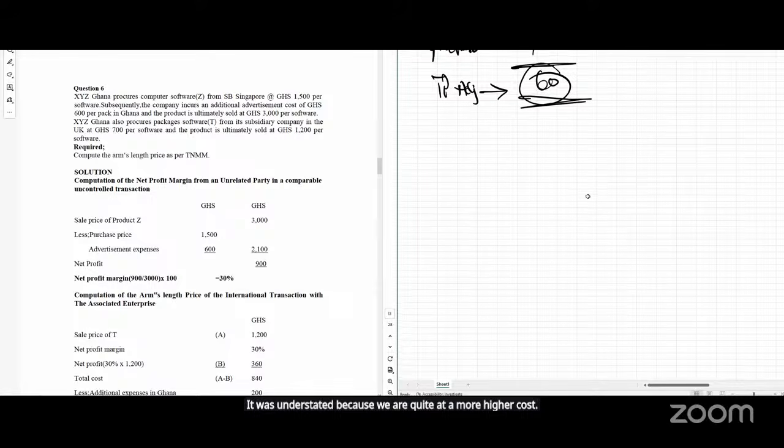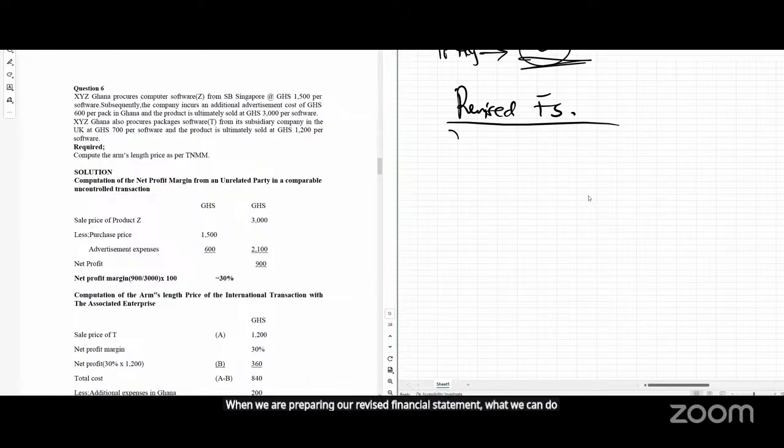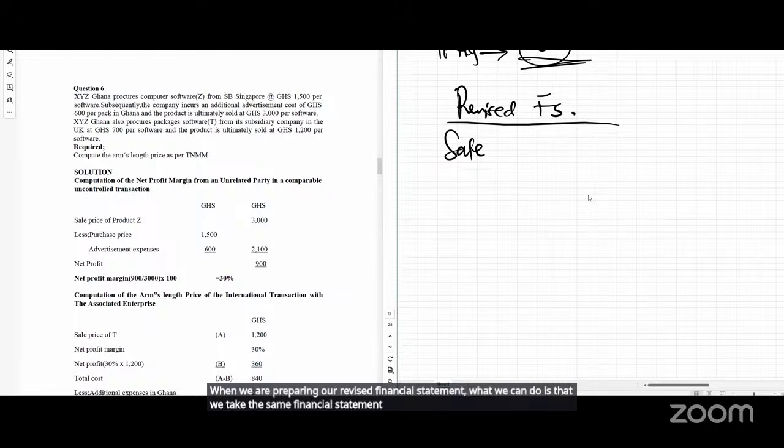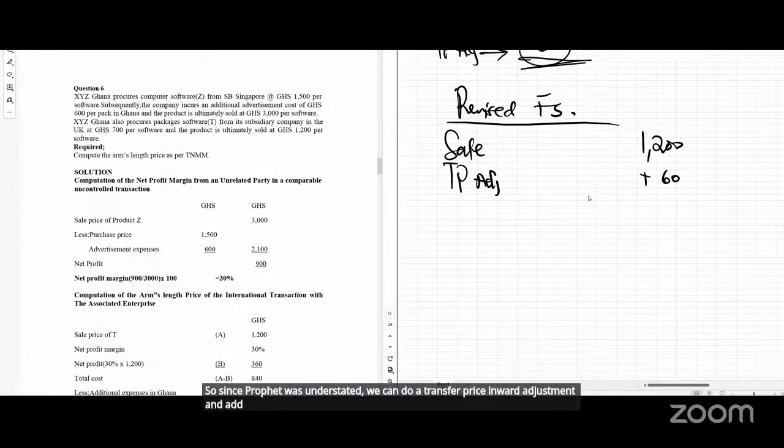So in that case, what are we going to do? When we are preparing our revised financial statement, we take the same financial statement. Our sale was 1,002, right? Since profit was understated, we do a transfer pricing adjustment and add the 60 to our profit.